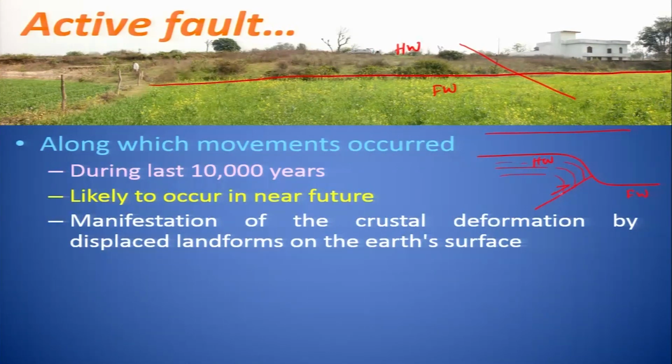I'll show a couple of photographs if possible, which show the deformation pattern like that. Okay. This is in the trench sections which we have seen. So, this is the manifestation on the surface.